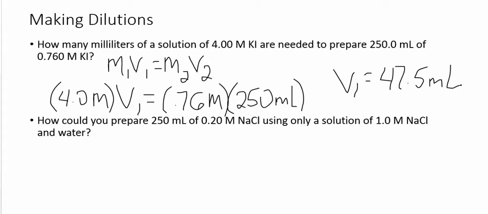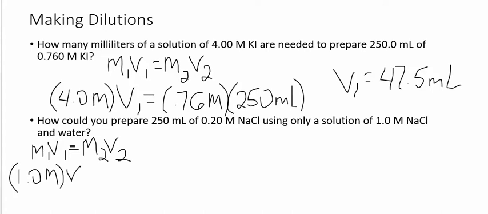Second example, how would I prepare 250 mL of 0.2 molar NaCl from 1 molar NaCl? So I have M1V1 equals M2V2. M1 is 1 molar. We're solving for V1.